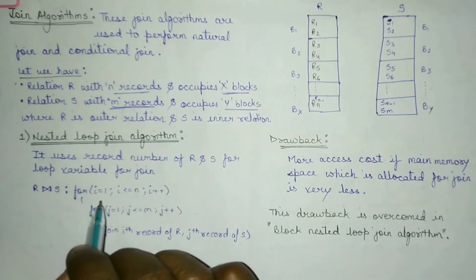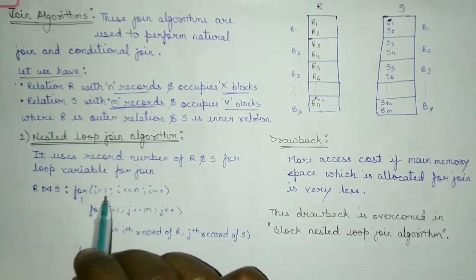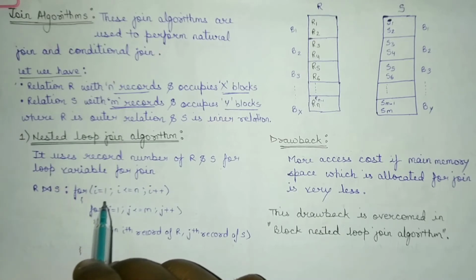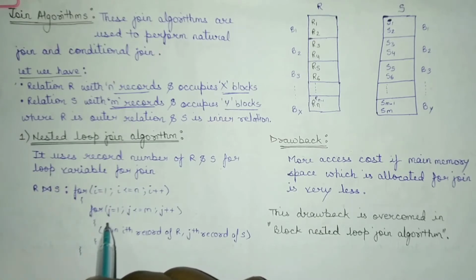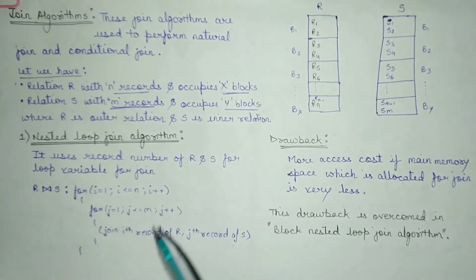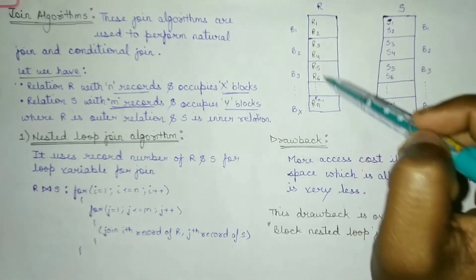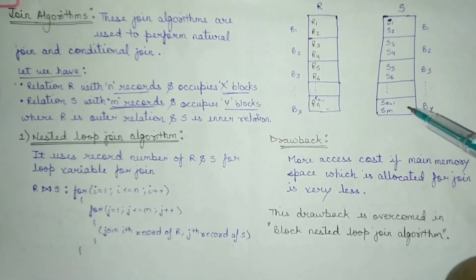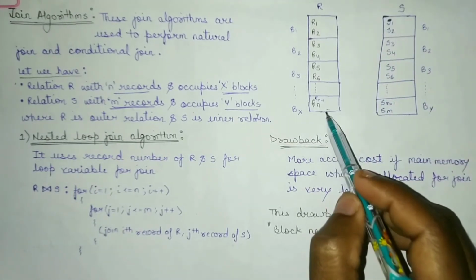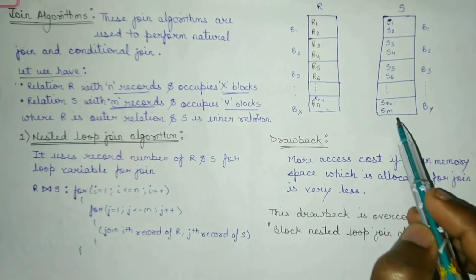So we will be visiting the first record of relation R, which is the outer relation, and we will be mapping that record with all the records of relation S. How? Let's see this particular diagram. This is relation R and this is relation S. Here I have n records and here I have m records.